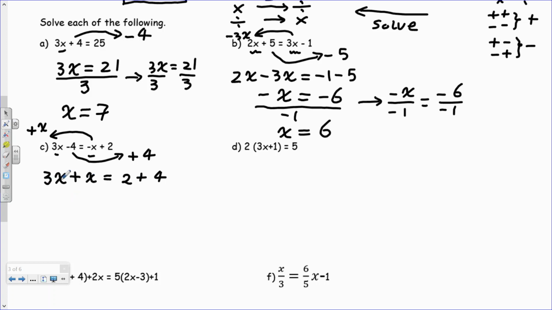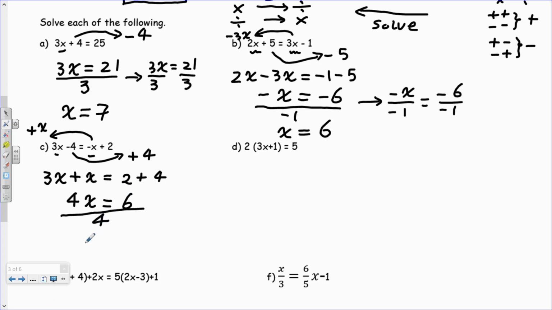Then x degree 1, x degree 1, like terms, we can combine them. 3 plus 1 gives you 4. And 2 plus 4 gives you 6. We move the 4 to the other side, it is multiplication. Do the opposite operation, which is division.